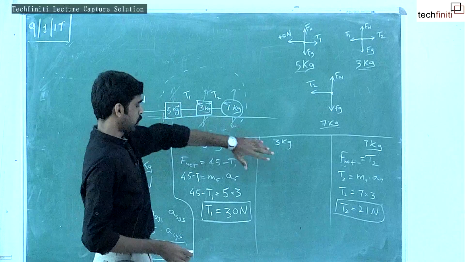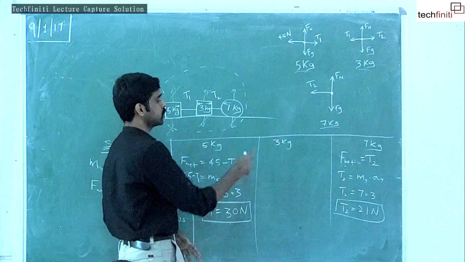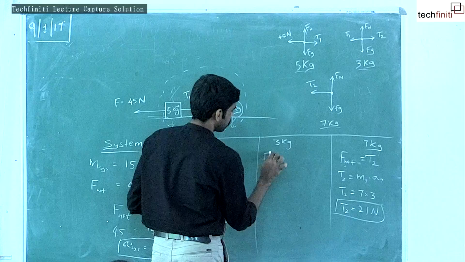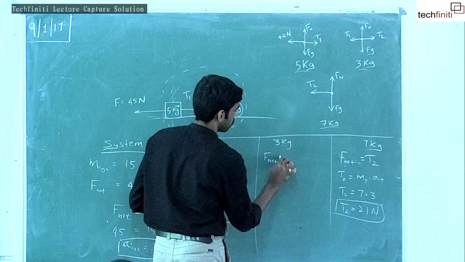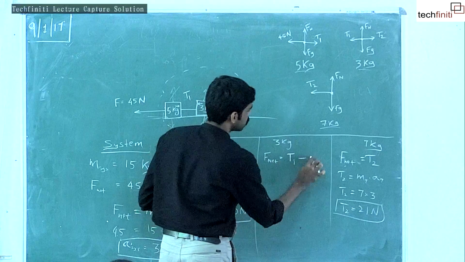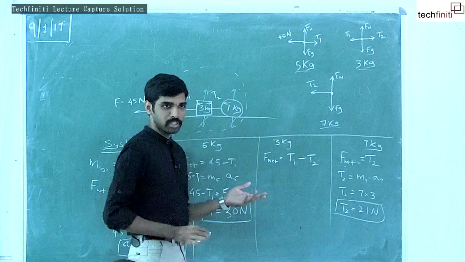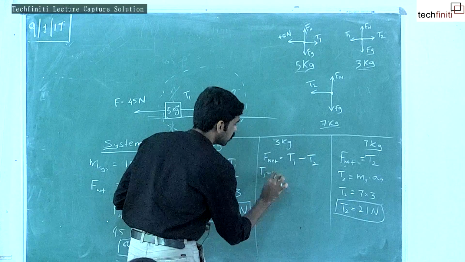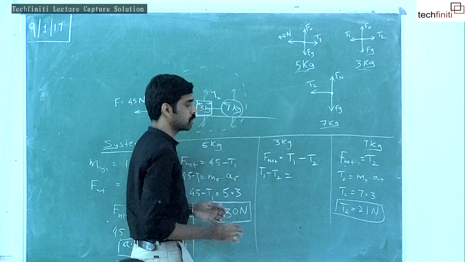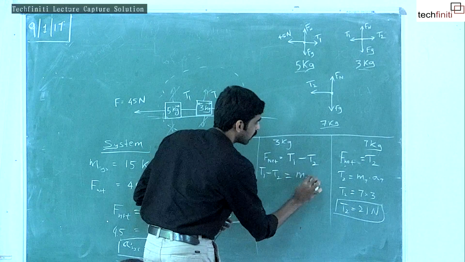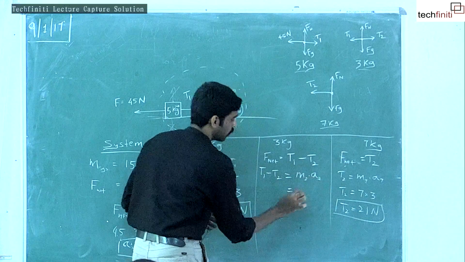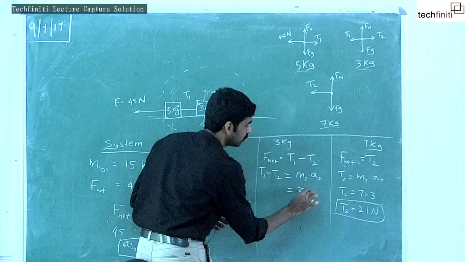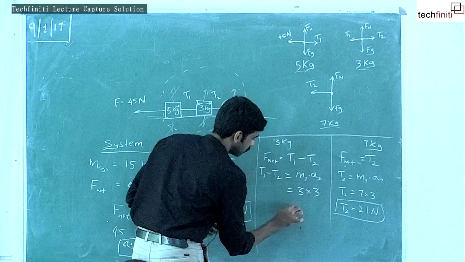Okay? Now let's go for 3 kg. What is the net force for 3 kg? T1 minus T2. Correct? So T1 minus T2 should be equal to mass of 3 and acceleration of 3. What is mass? 3 multiplied by 3 again.